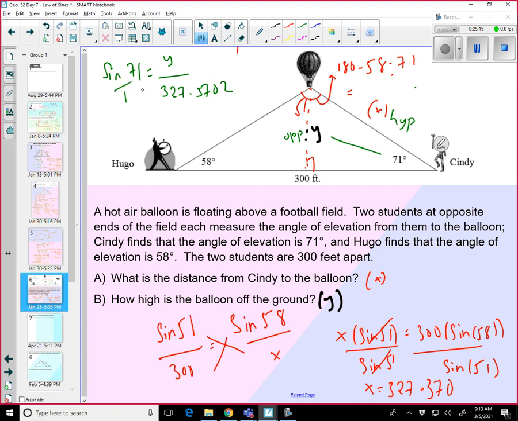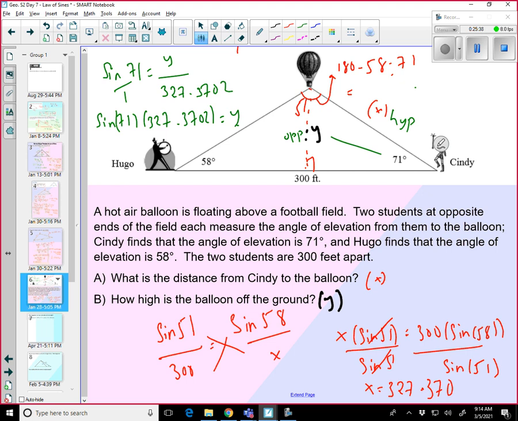And further cross multiply on both sides to get sine 71 times 327.3702 equals y. So substitute that in calculator.